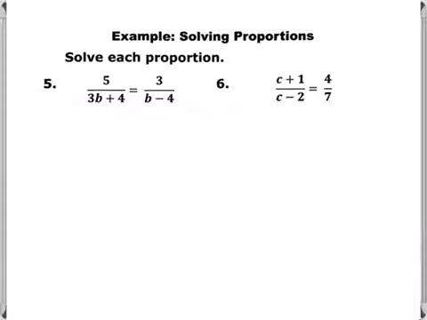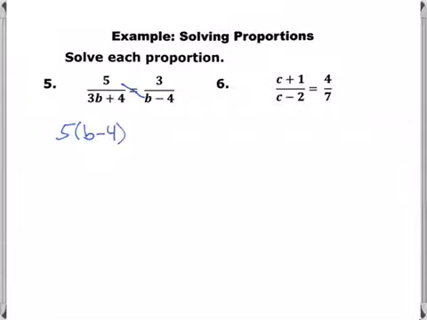In example 5, we now have two expressions present in our proportion. We've got 5 over 3b plus 4 and 3 over b minus 4. So when we cross multiply, we want to be very careful to make sure we are distributing the values accordingly. Let's start with the 5 times b minus 4.